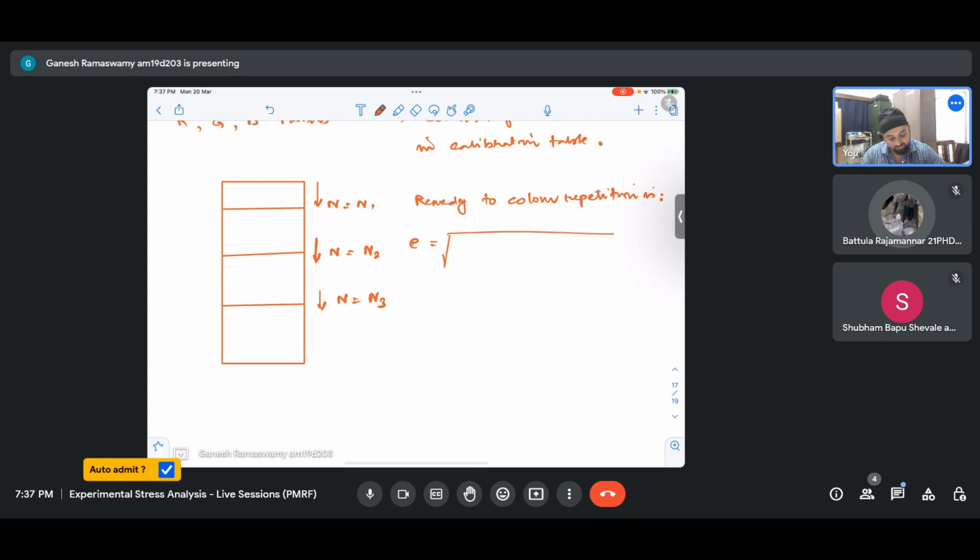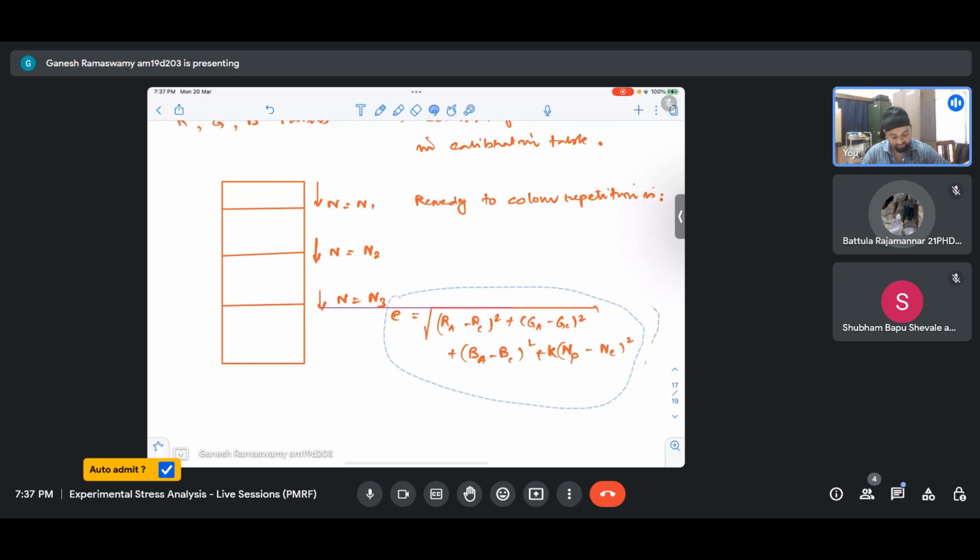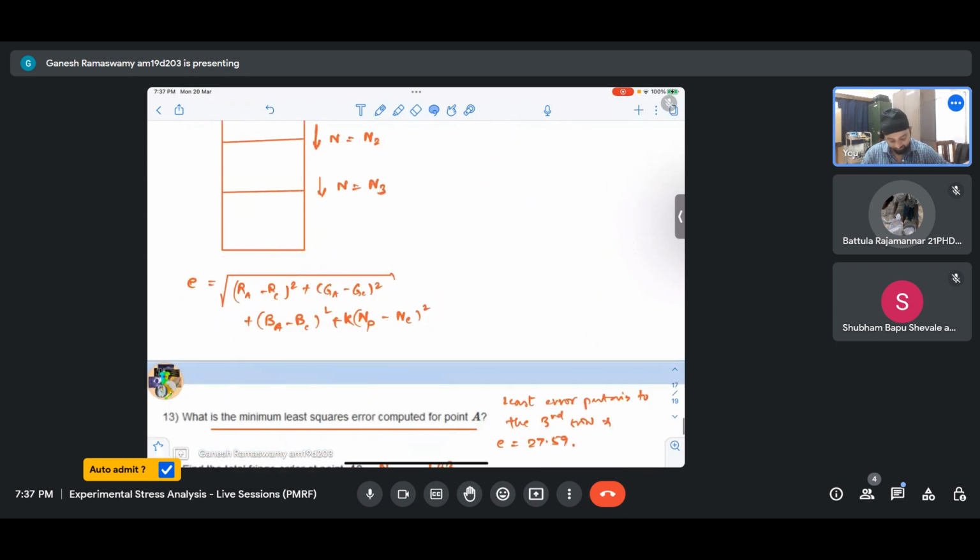So RA minus RC squared plus the entire color difference we'll write, and we will also have the neighborhood point NP minus NC, and we will scale it with some factor. So essentially this will ensure that our abrupt jumps are taken care of.